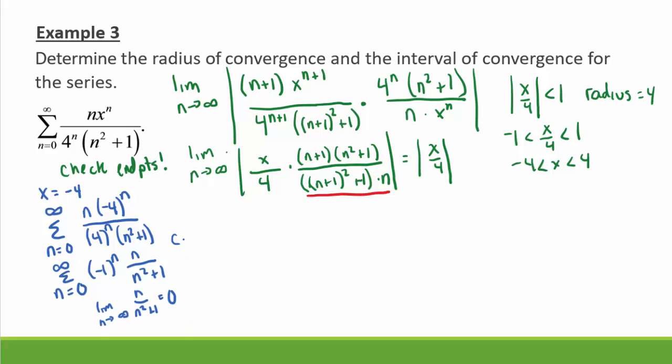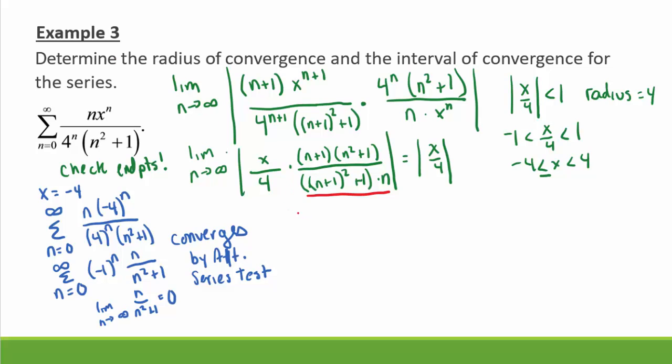So this converges by the alternating series test. So what that means is I go back here and I include -4 in.